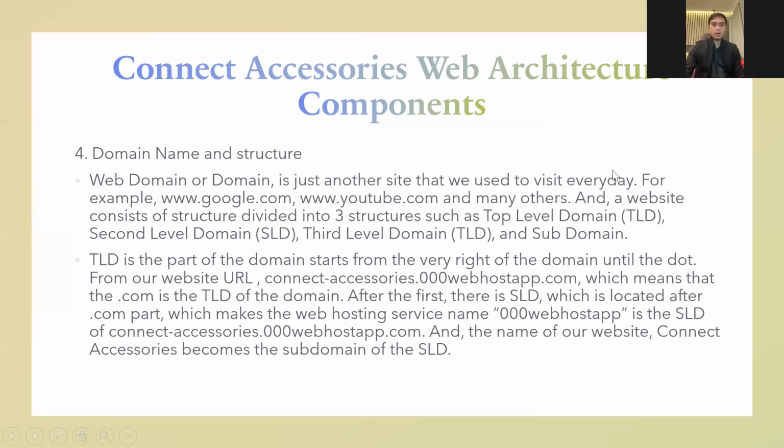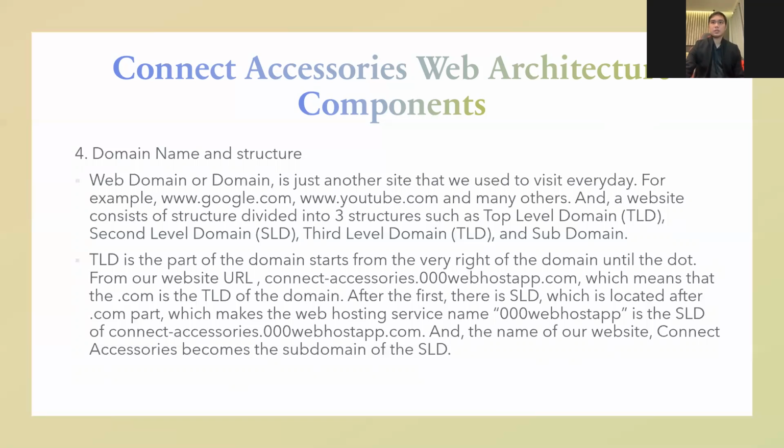Four. Domain name and structure. A web domain, or domain, is just the address of a site that we use to visit every day. For example, www.google.com, www.youtube.com, and many others. And in Connect Accessories, the domain name we use is connect-accessories.000webhostapp.com, which means that .com is the TLD of the domain.